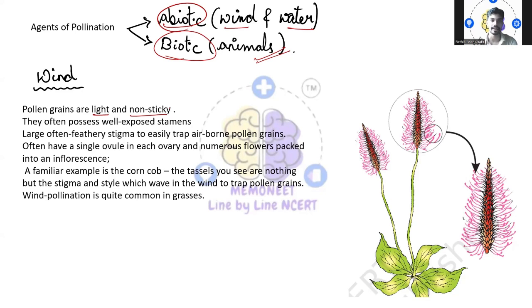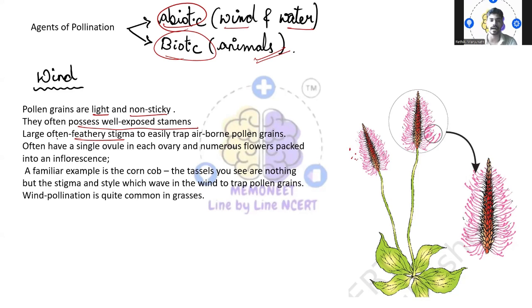This is one point. The second thing is they often possess well-exposed stamens, and often a large, feathery stigma, so that it could easily trap the airborne pollen grains, that is, the pollen grains which normally come from the air. So with a feathery stigma, when the pollen grains come, they can easily trap them.